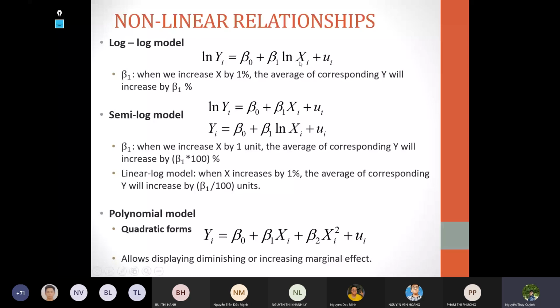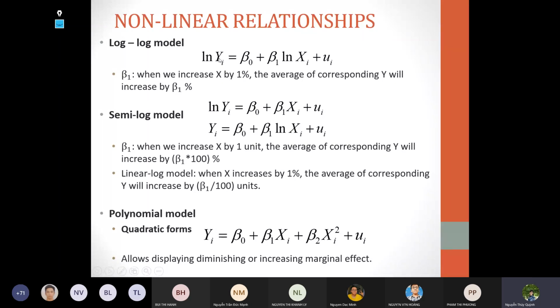X is in the form of a natural logarithm, so the change in x will be a percentage change. Y is also not in linear form. Y is in the form of a natural log, and the change in y will also be a percentage change.